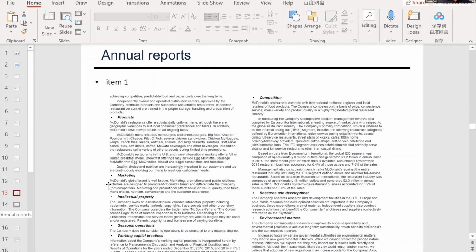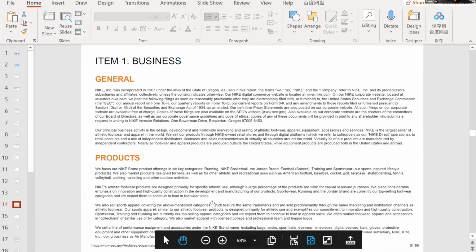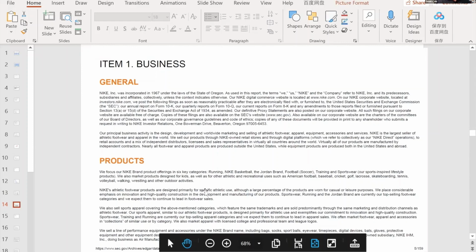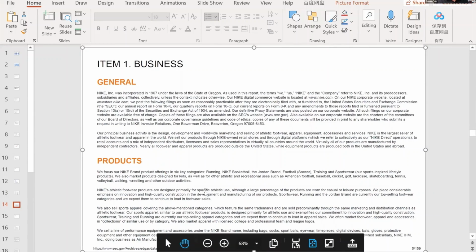Okay, let's look at another example. This is Nike. They also first talk about their general businesses. And they said, we focus on the Nike brand product, offer six key categories: running, basketball, Jordan brand, football, soccer. You guys know soccer and football are different, right?